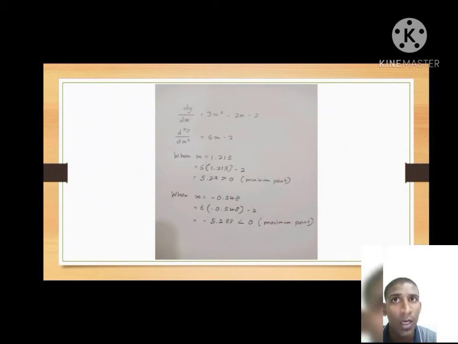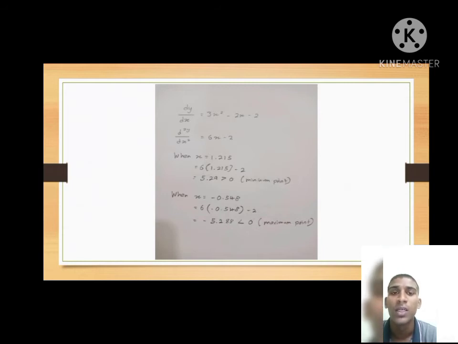In the old equation we have 3x square. The power 2 is multiplied by 3, so I get 6, and the power is reduced by 1, so 2 minus 1 gives 1, so we simply put x. For the negative 2x, the x is powered by 1, so 1 times 2 gives 2, and the power 1 minus 1 gives 0, so there is no need to put the x.